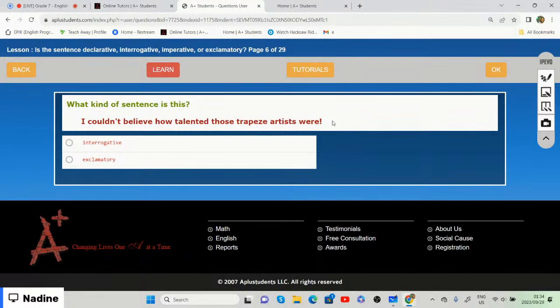Is it interrogative or exclamatory? Look at the end punctuation. In this case, it ends with an exclamation point, so we will say it is exclamatory.